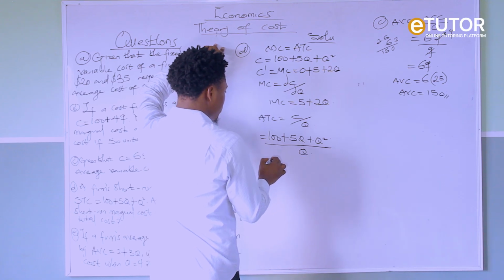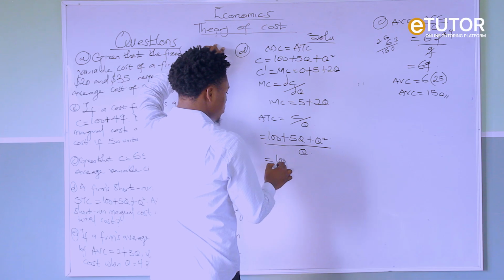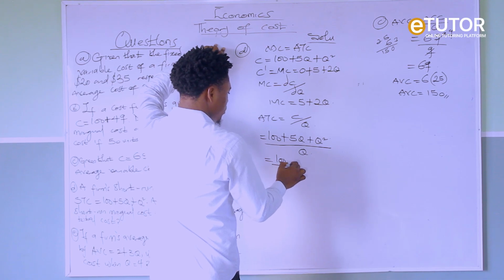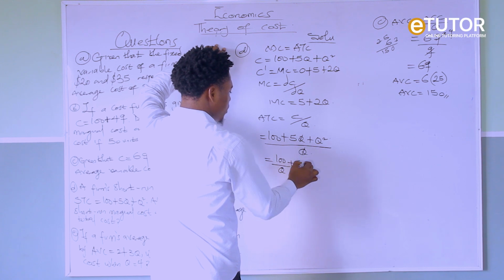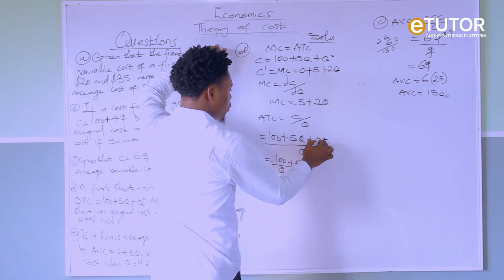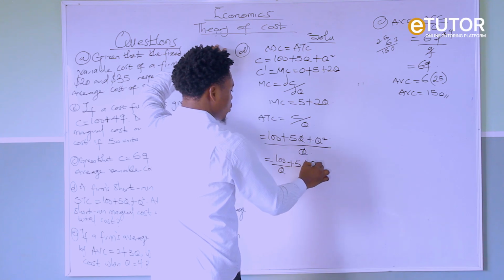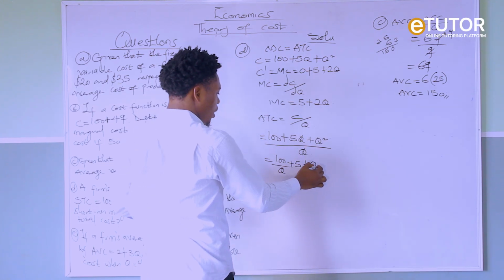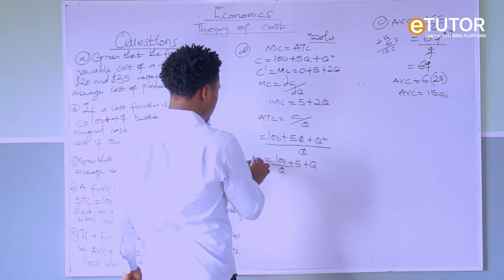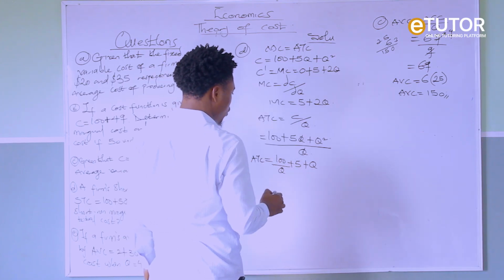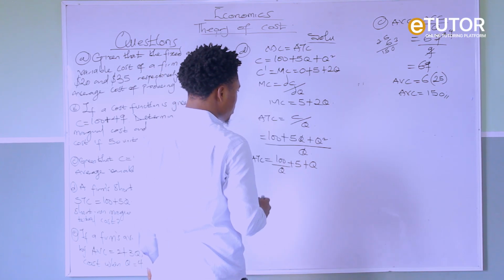So we are going to have 100 divided by q plus 5, this cancels this. Then plus q, so it remains 1q. So q in q square will be left with 1q. Now these are the average total cost function. These are the marginal cost function.